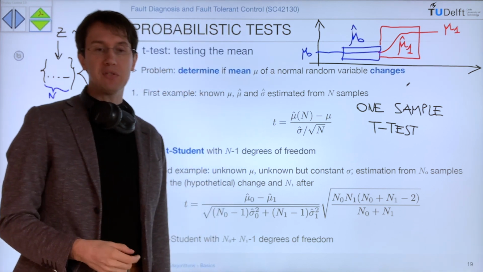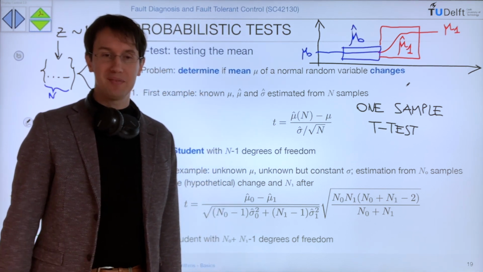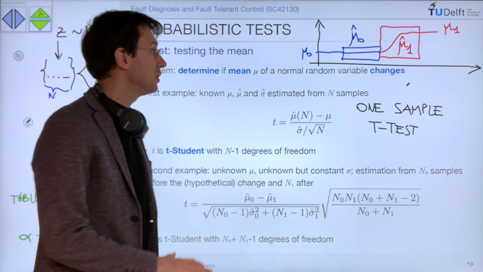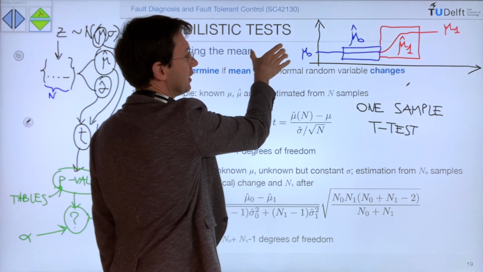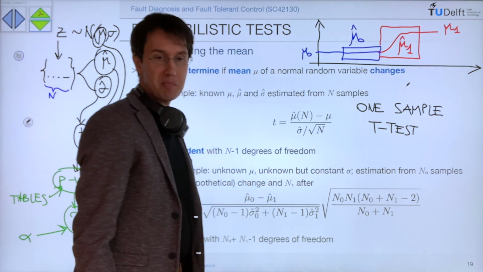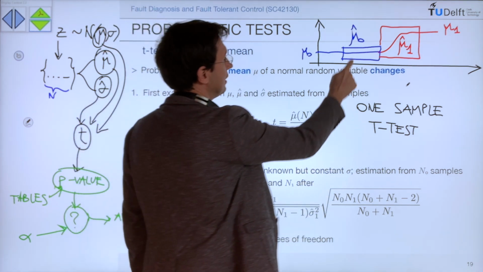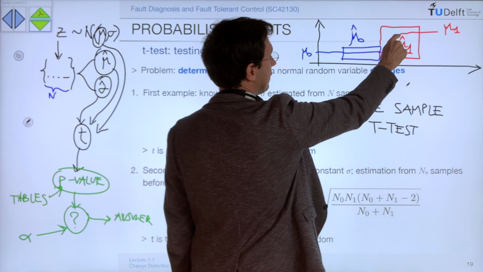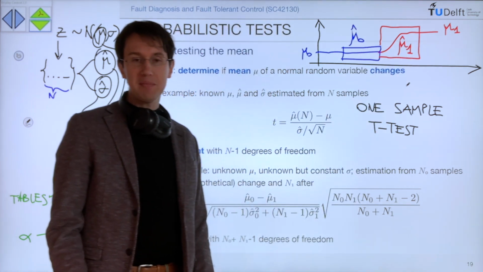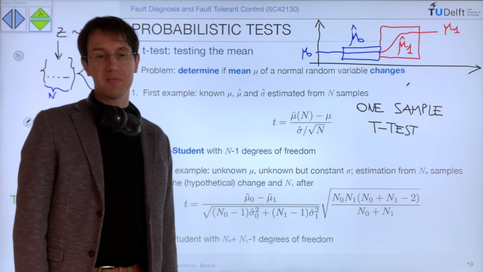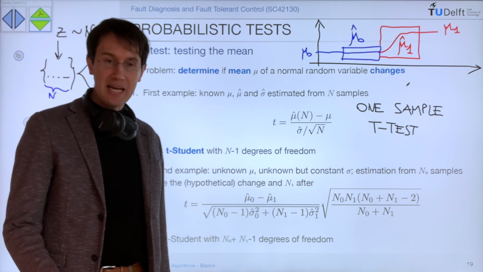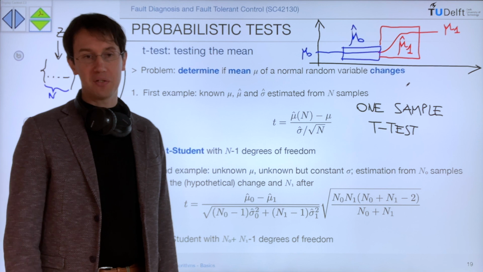But let us think how they look initially. When I have no fault, these windows are both in a region here. And what I expect is that the empirical mean mu0 hat and the empirical mean mu1 hat are pretty much the same. We know that they are random variables themselves, so their own mean is going to be the same.